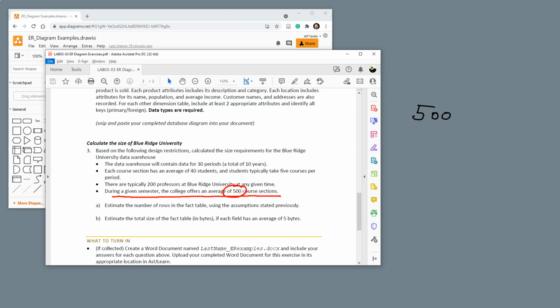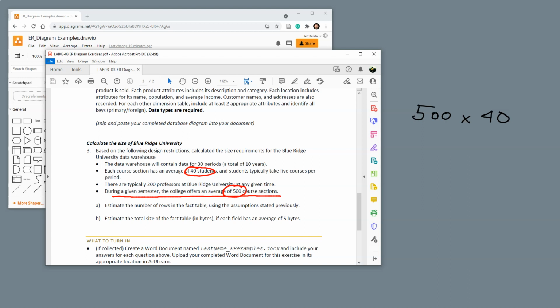How many students are in each class? I also have information here that says I have 40 students on average per class. So I know that in one semester with 500 classes, I'm going to have about 40 students each. That right there is how many grades I will record in one semester.